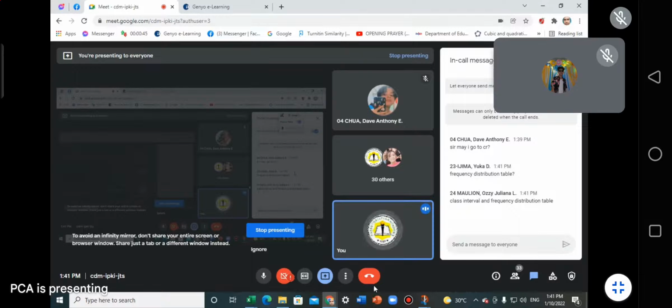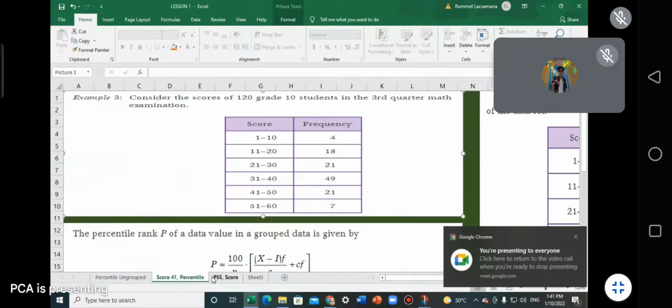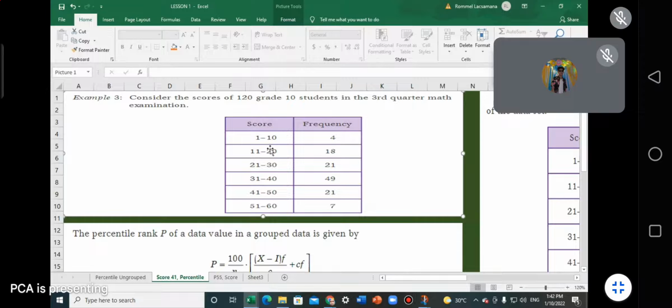We call the table the frequency distribution table. For statistics in general, and for the statisticians, they just call it simple. Why? Because it's so easy. You only see the score and frequency, but they can actually evaluate the data.